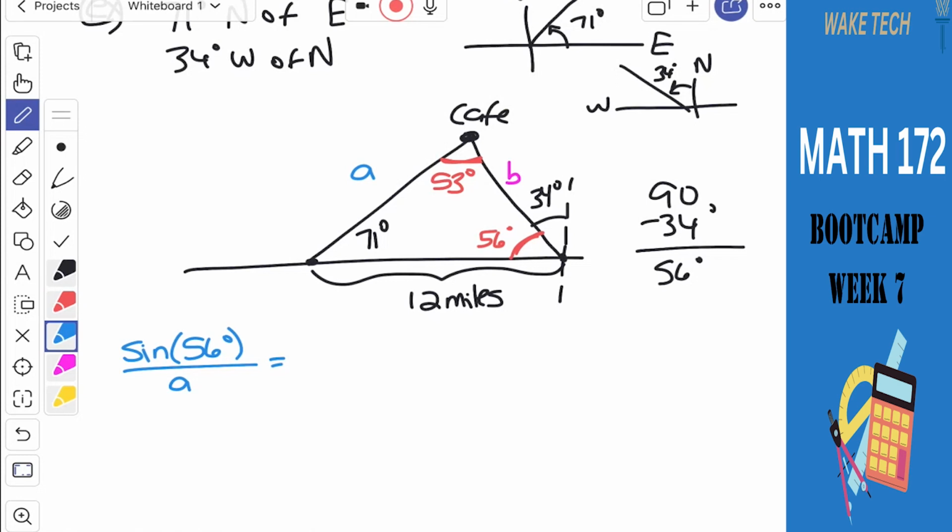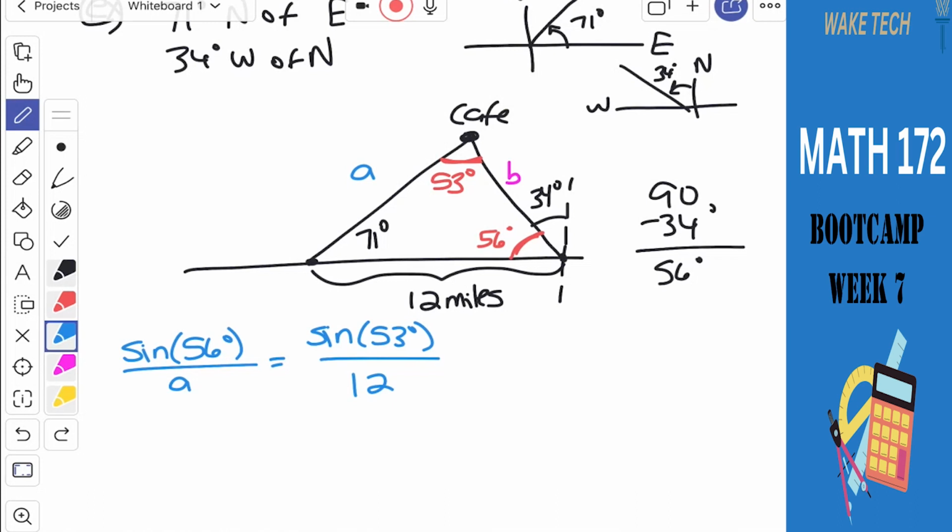Using the law of sines, we can now finish what we started: sine of 56 over A equals the sine of 53 over 12. So we have this proportion. We practiced solving proportions just like this last Monday, and throughout the week last week as well.